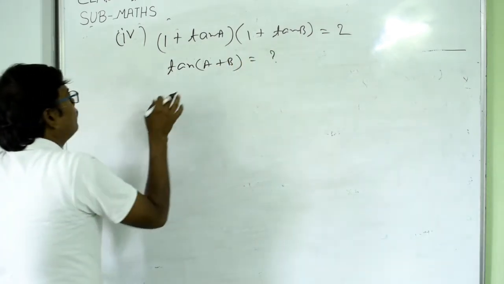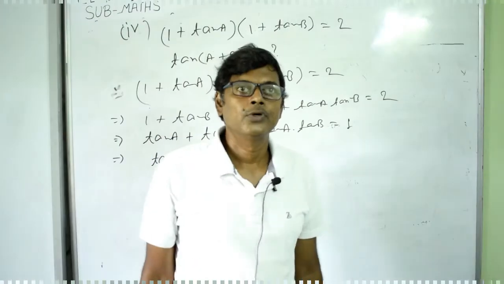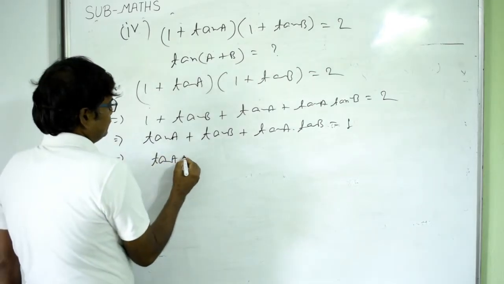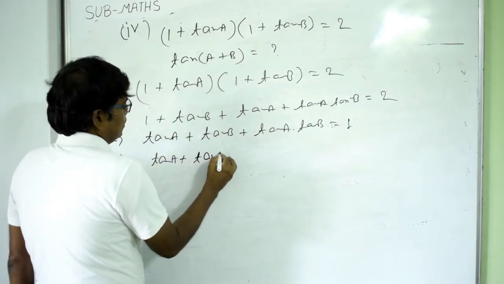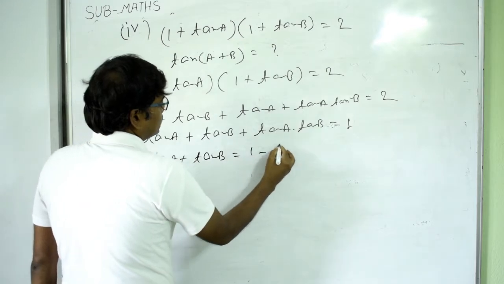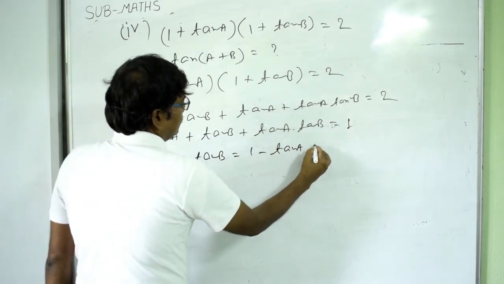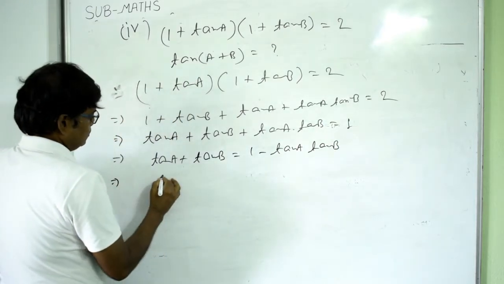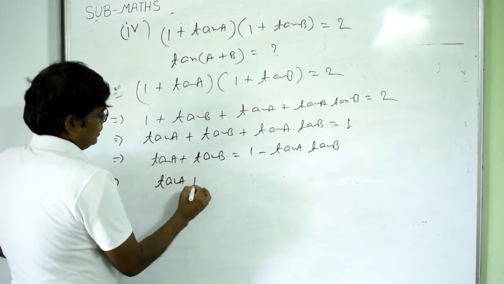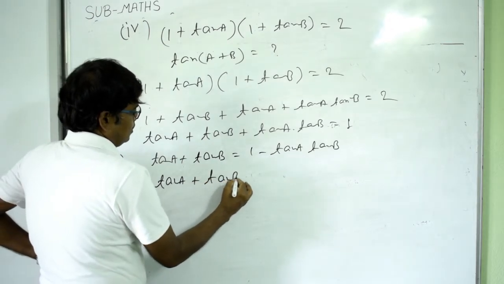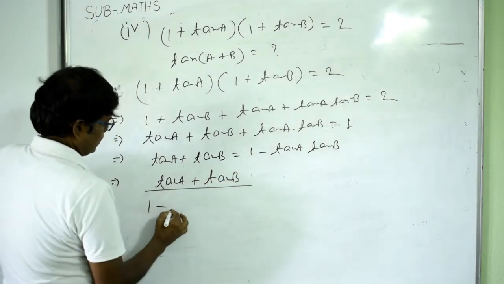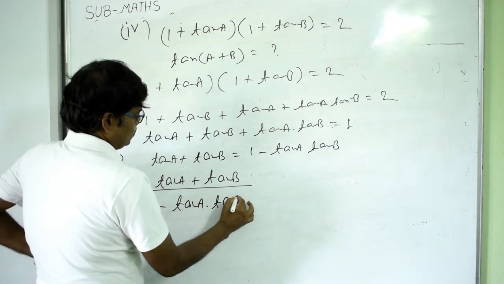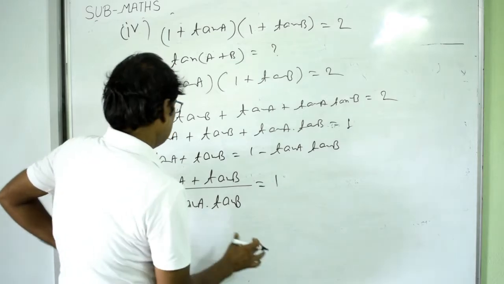And how will you find it? First multiply this. So now we write tan A plus tan B equals 1 minus tan A tan B, and this implies (tan A plus tan B) by (1 minus tan A into tan B) equals 1.